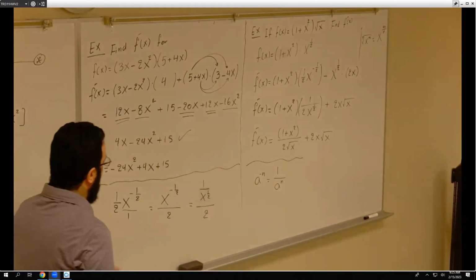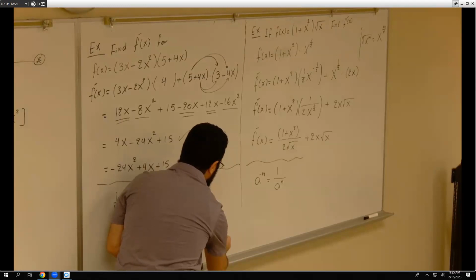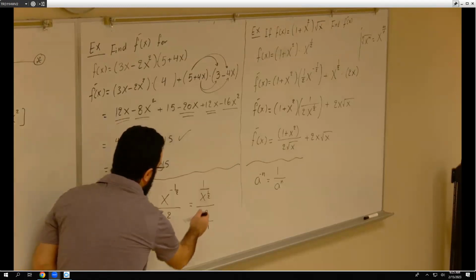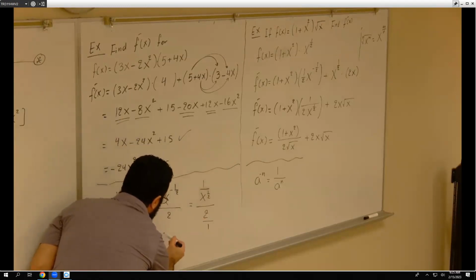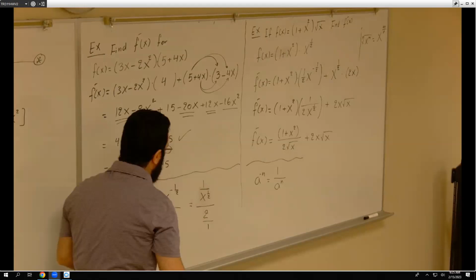Now I have division between 2 fractions because this one is over 1. So the next step, I'm going to write down the top part here, which is 1 over x to the negative half, to positive half, times the reciprocal of this one. 2 divided by 1 is going to be 1 over 2.